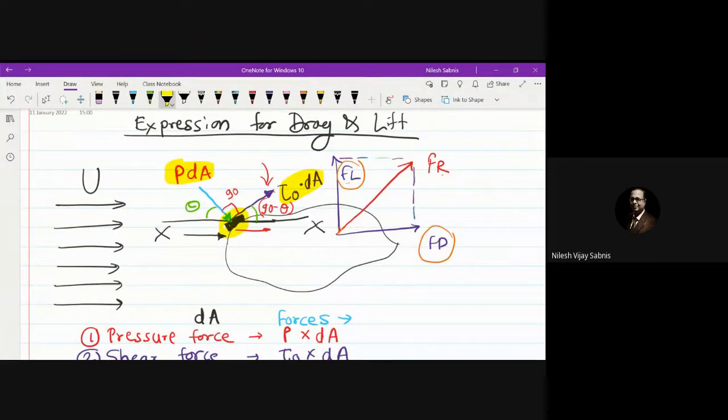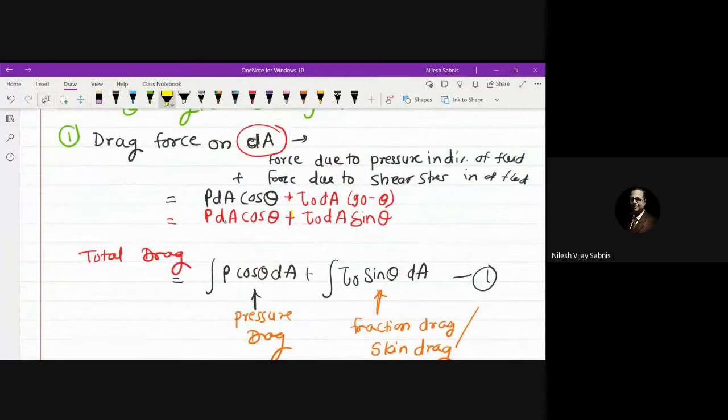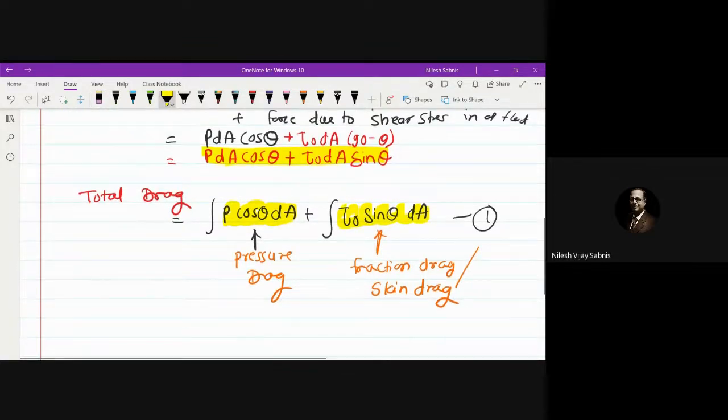We found two components in the direction of motion: PDA in the direction of motion, and tau 0 dA in the direction of motion. Adding both, we got a simple equation, and taking the integration, we have these two components, called pressure drag and friction drag. These two components we have to consider as the total drag.